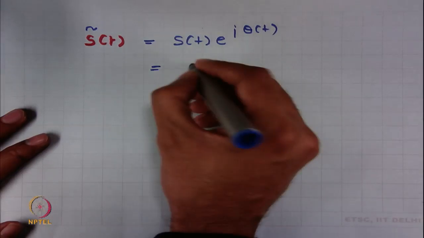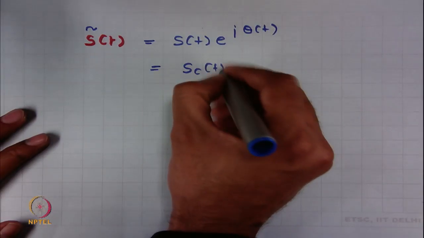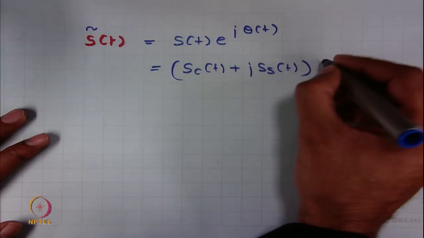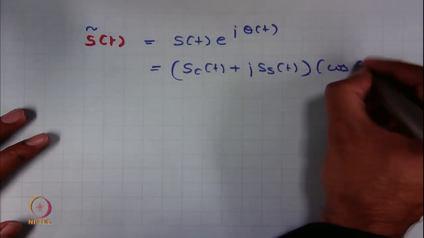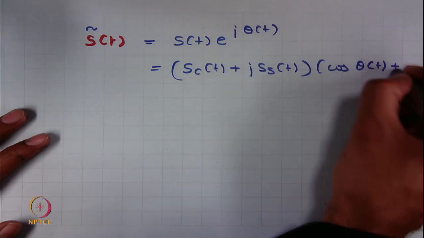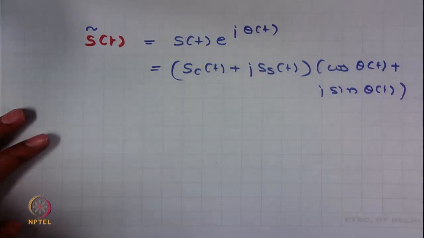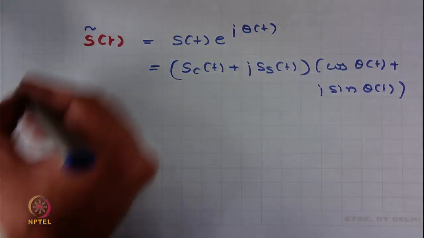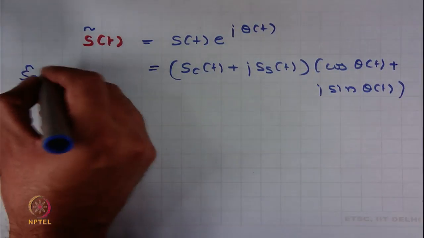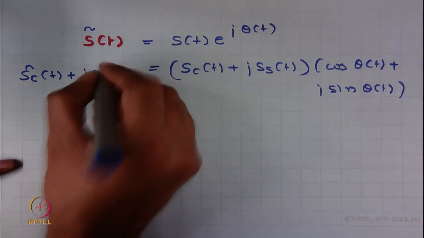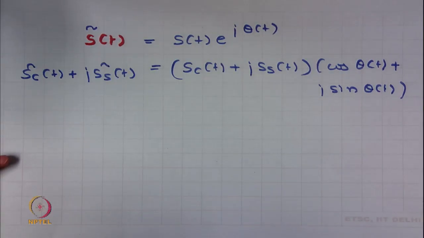I can write this as SCT plus j SST times cos theta t plus j sin theta t, and I can write this as SC tilde t plus j SS tilde t. It is different from what was transmitted.